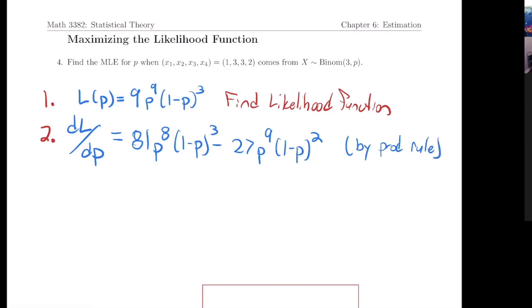You certainly could distribute that out and do it another way if you like to. And then we want to figure out what are the critical points, right? And so these are going to be values of p that make the derivative 0 or undefined. So then it becomes some algebra.